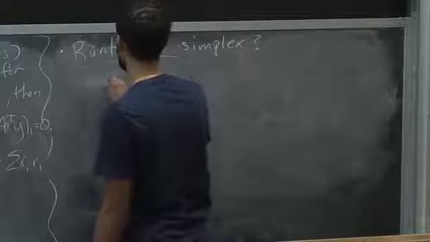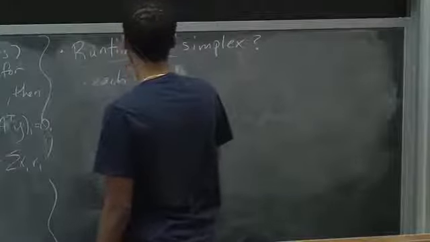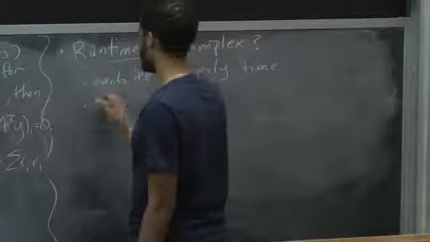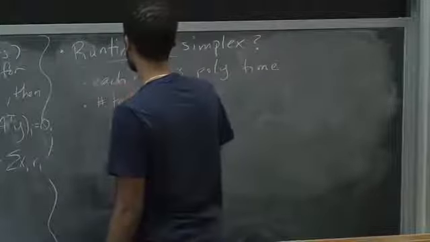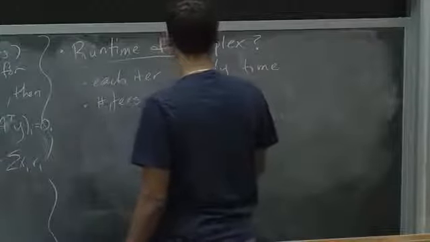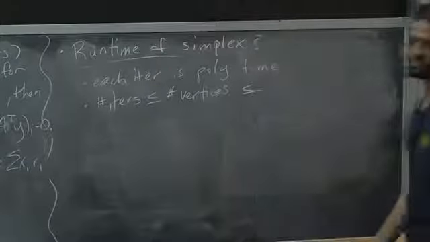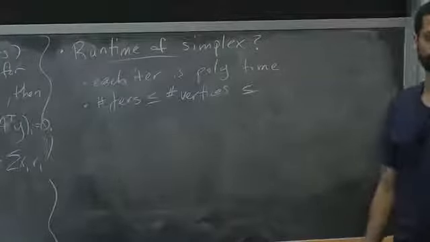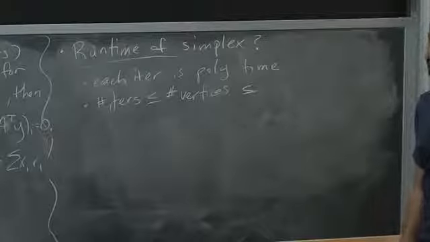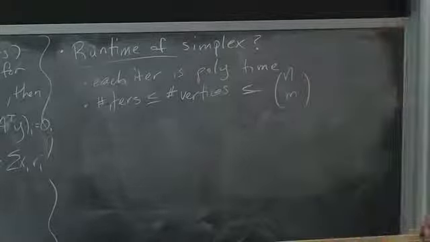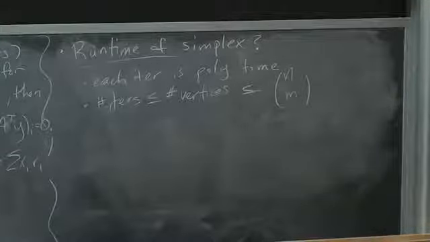The number of iterations is at most the number of vertices. What's the crudest bound you can think of? Yeah, it's at most n choose m, because vertices are represented by these bases, which are subsets of size m. So this is exponential.